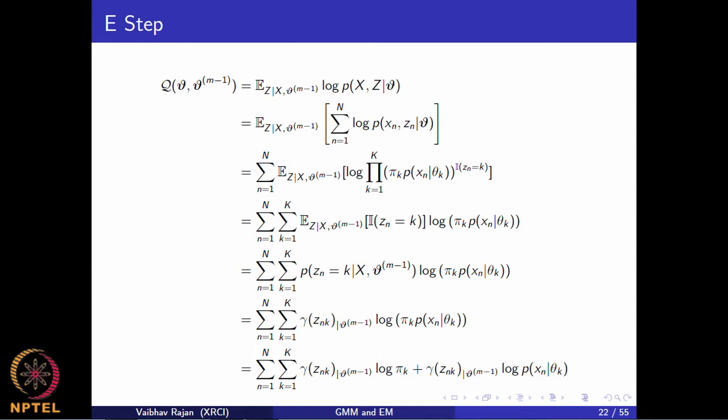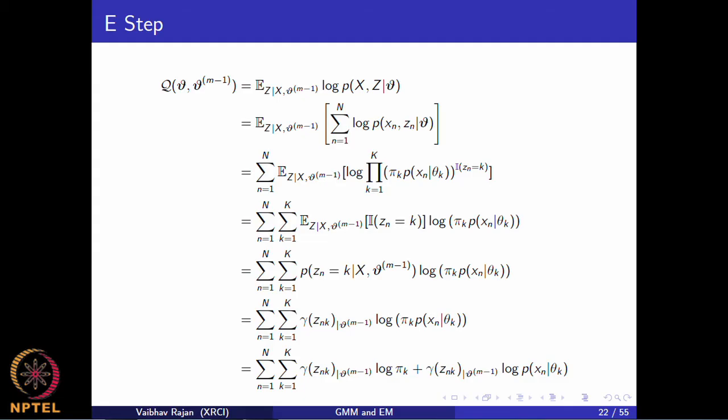So, the expectation is only over this indicator function, right, and the expectation of an indicator function just gives us the probability, and you have the probability of Zn equal to k, again given x and the previously guessed parameter values, log just remains.